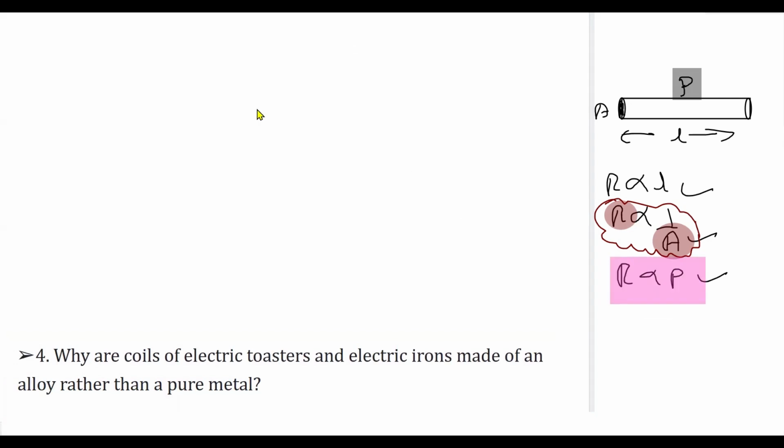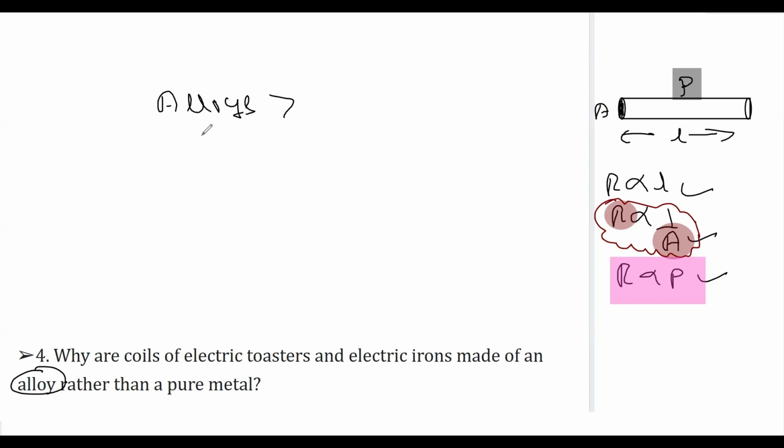We know that if the resistivity is high, you should know first of all that alloys have greater resistivity than that of the metal from which they are made. So that's the reason why the coil gets heated up earlier. So coils of toasters are made up of alloy. The first reason is alloys have greater resistivity.